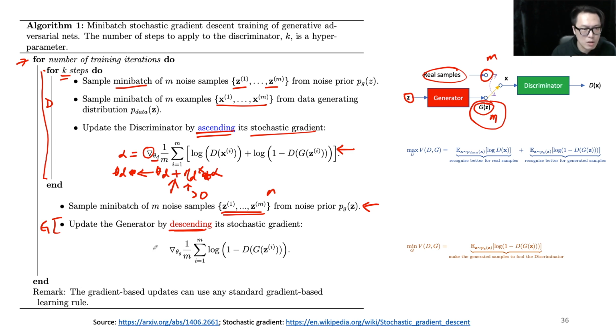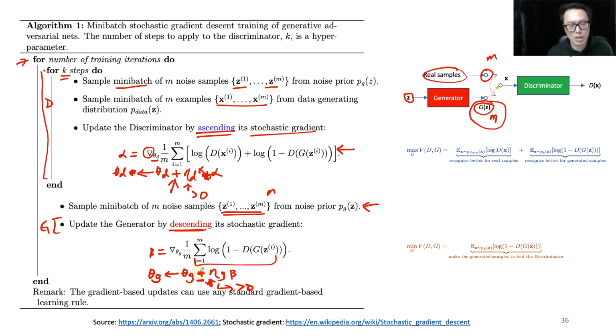Assume that beta equals the gradient of this term, which is the entropy we talked about, in order to update theta g. So the updated theta g is the current theta g plus eta g, the learning rate greater than 0, times beta. Sorry, this one should be minus, because we do minimization.